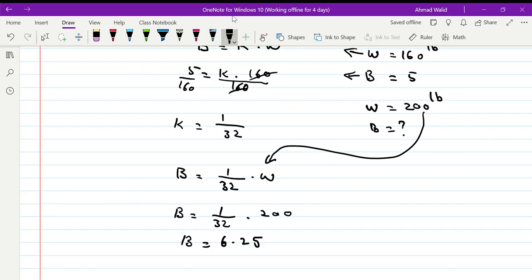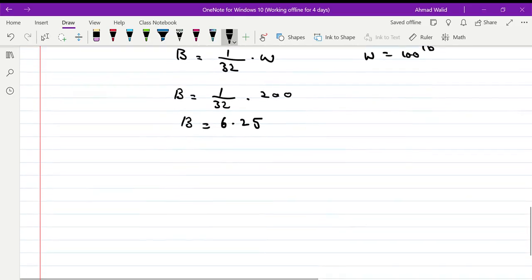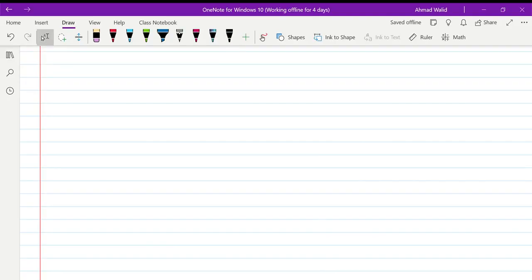Now, if they ask you, what if a person has, let's say, 100 pound weight, immediately in your second formula, you can calculate how much will be the volume of the blood in that person, correct? The most important part of this problem is how to create your equation, correct? That's the important part of the variation problems.